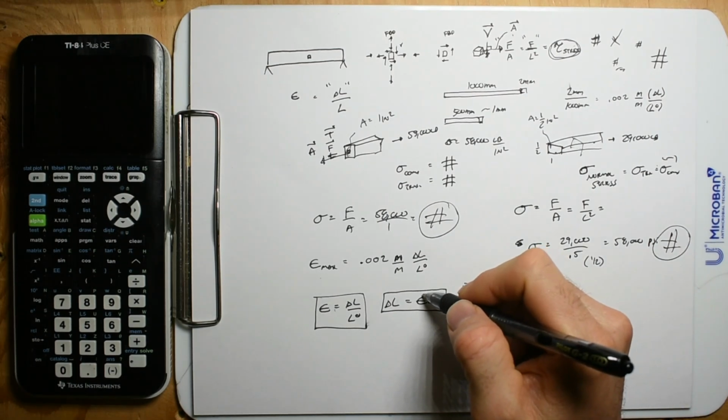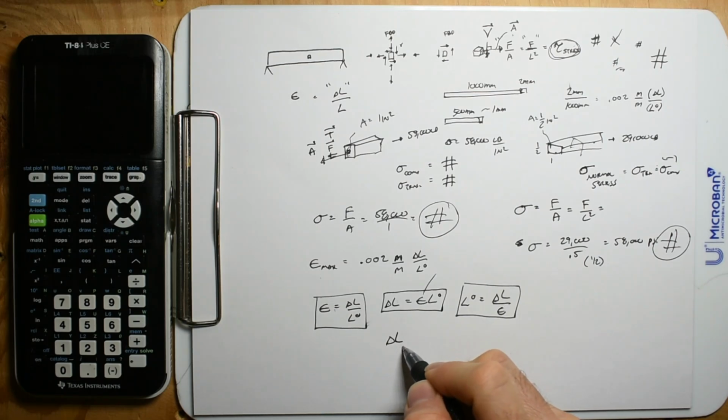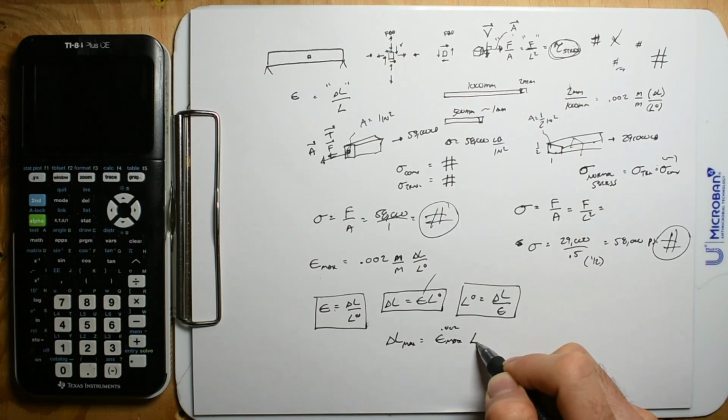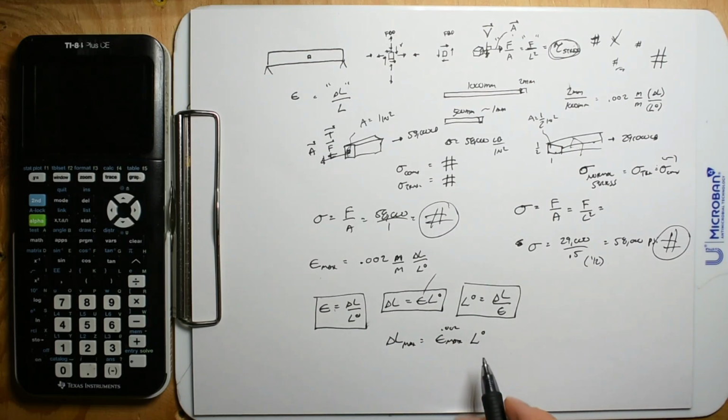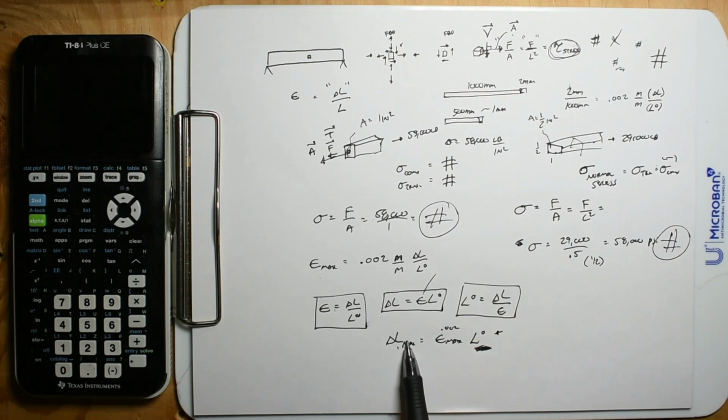If I have a material that has a max strain, I would say change in length max is equal to the max strain, for steel 0.002, times my initial length. Initial length doesn't get the symbol max. Whatever my initial length is going to determine what my change in length is.